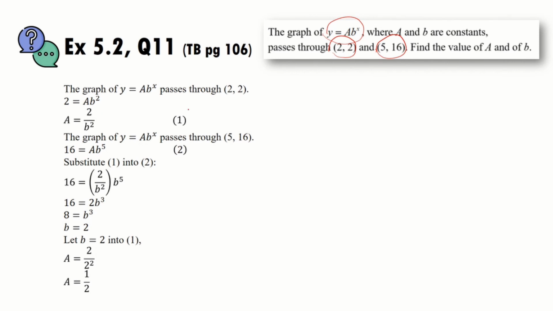Hence, we will be able to get equation 1, a equals 2 over b squared, and equation 2, 16 equals a times b to the power of 5. What we will do next is to use the substitution method to simplify and get the answer b is equal to 2. Hence, we will then get a equals half as well.